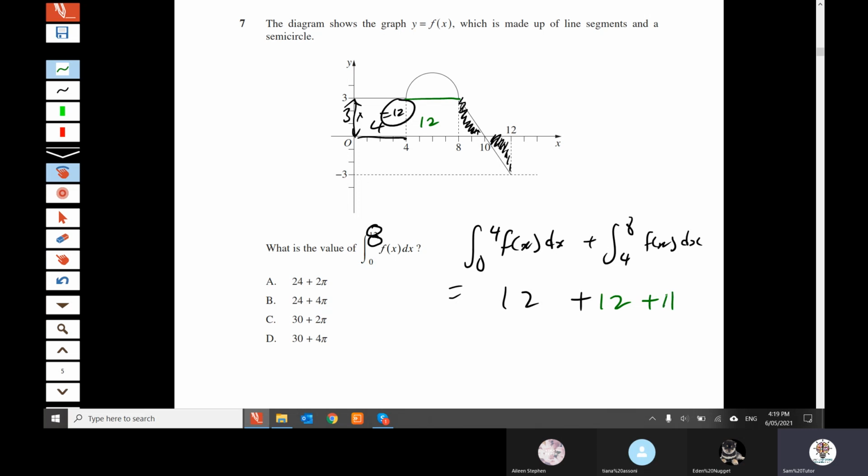Plus pi r squared divided by 2, what's my radius? 2. So the answer is A. You are correct. That's 24 plus 4 pi divided by 2, which is 2 pi.